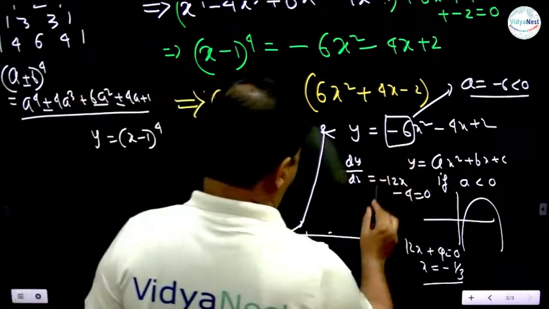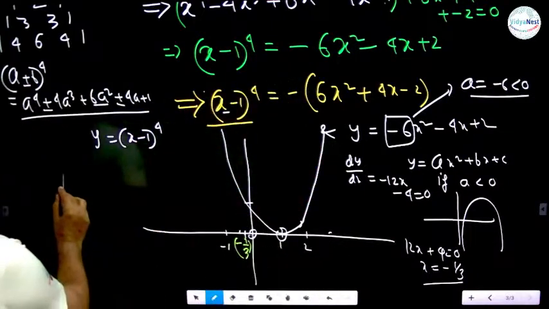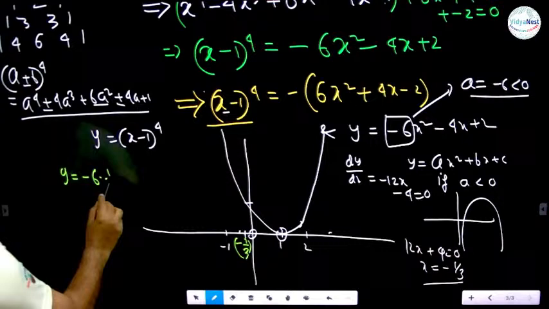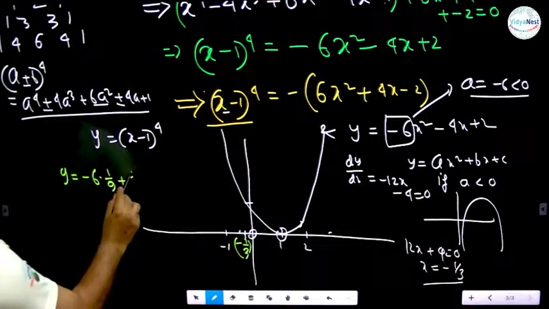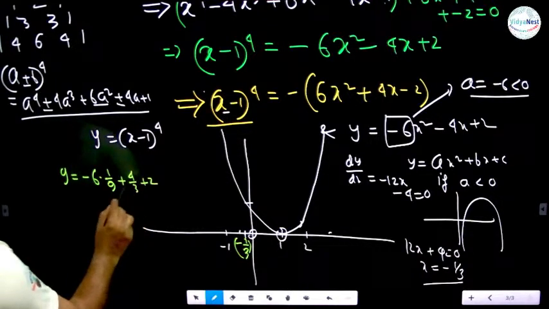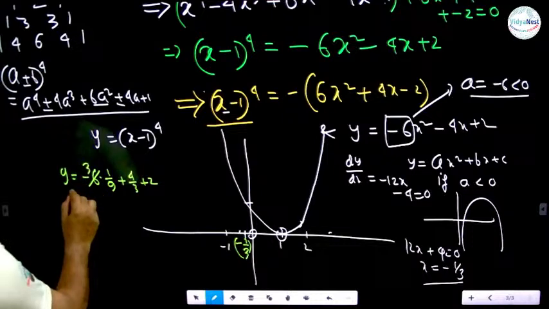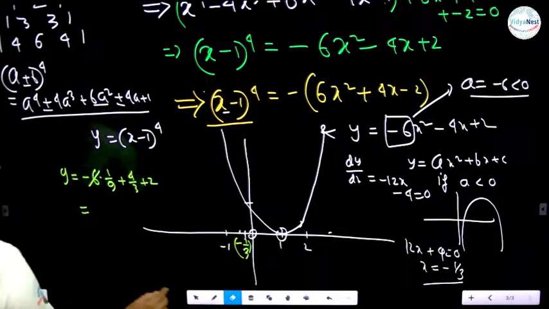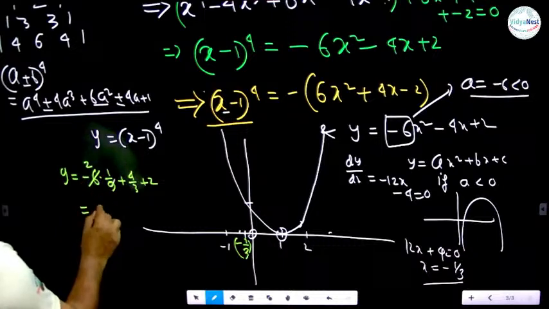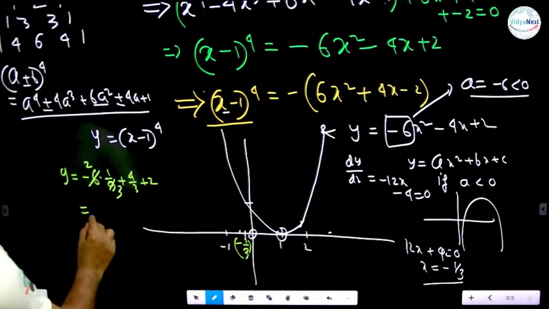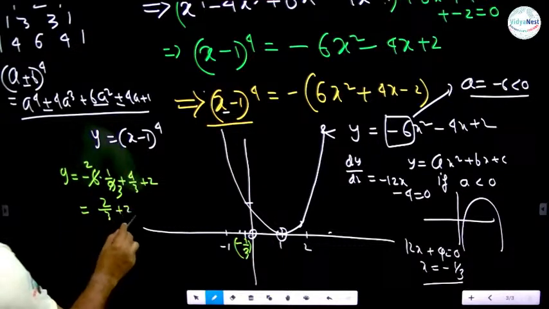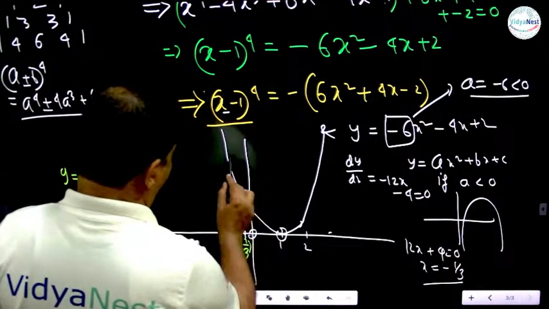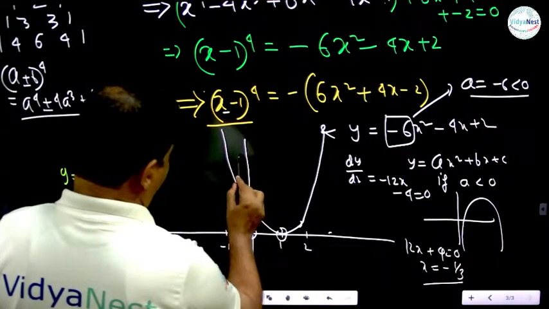Put here 6 times 1 by 9 plus 4 by 3 plus 2. A little bit of calculation you need. Cut it, reduce it, cancel it. Minus 2 by 3, so 2 by 3 plus 2, 8 by 3. Here it will be like this.